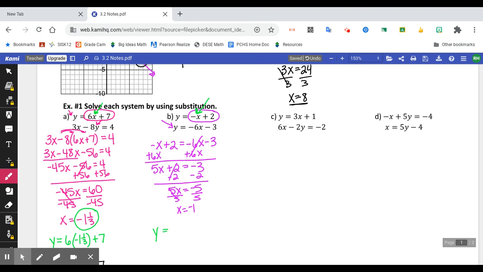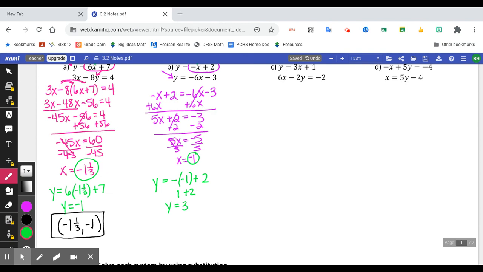So y equals, I have a negative sign, and then x comes out, and the value for x goes in. So negative 1 plus 2. Back-to-back negatives here make this positive 1 plus 2. So y equals 3. So my final answer, as an ordered pair, would be negative 1, 3.